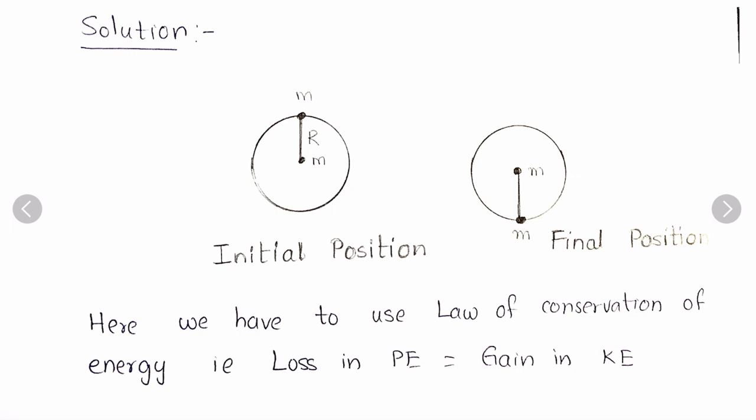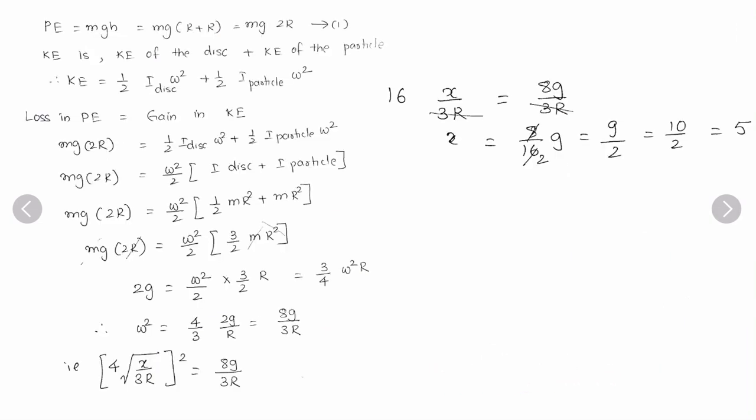So now you can see this is the initial position. In the initial position, mass is here, and this is the final position where the mass has come down like this. So here we have to apply the law of conservation of energy, that is, loss in PE is equal to gain in KE. Now how will we solve this? Look here. PE means mgh.